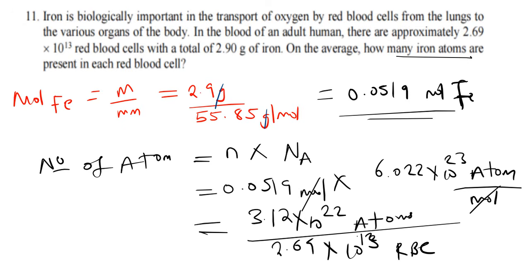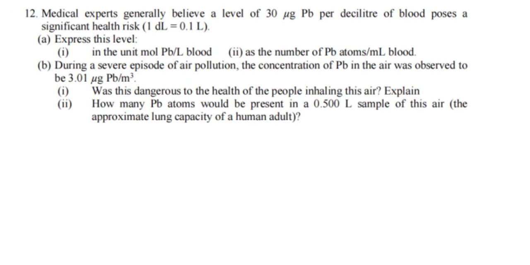So 3.12 times 10 to the power 22 divided by 2.69 times 10 to the power 13. I'm getting 1.16 times 10 to the power 9 atoms per RBC, red blood cell. So basically that would be our final answer.